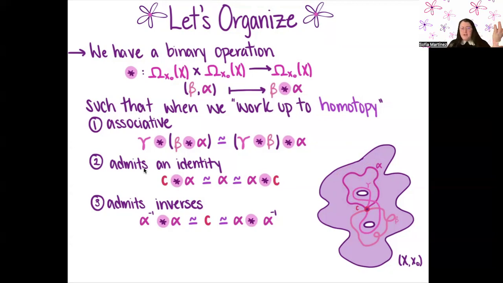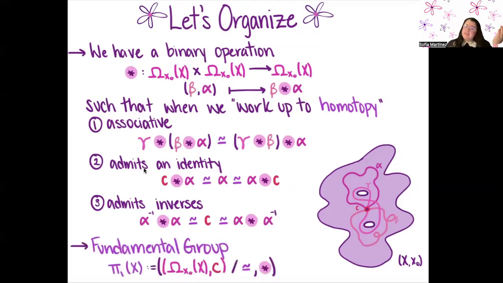Great, so we have a binary operation satisfying all these relations. It turns out these relations, which I've written as equations, are the axioms for being a group. And we can define something called the fundamental group at this stage.